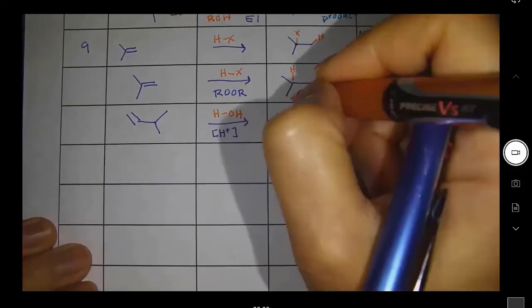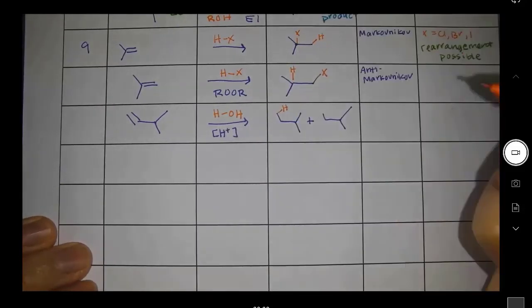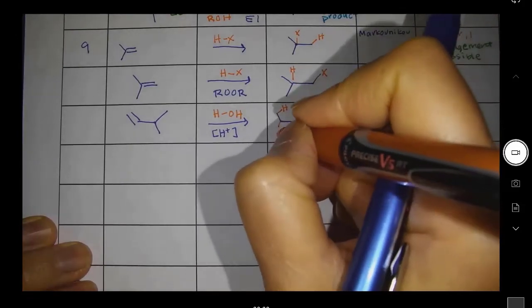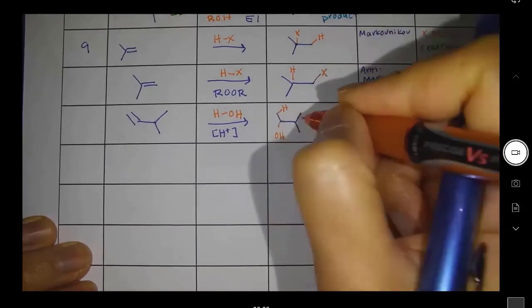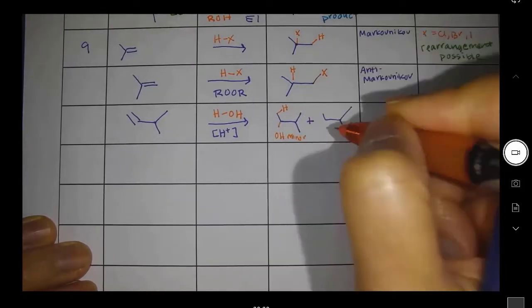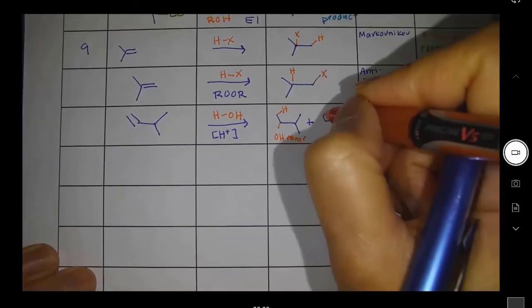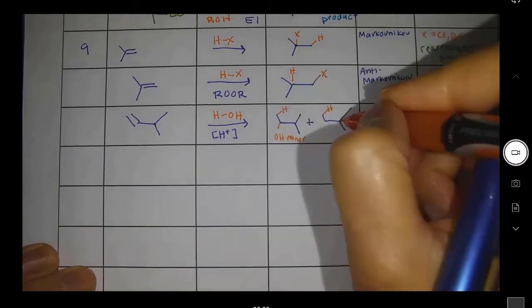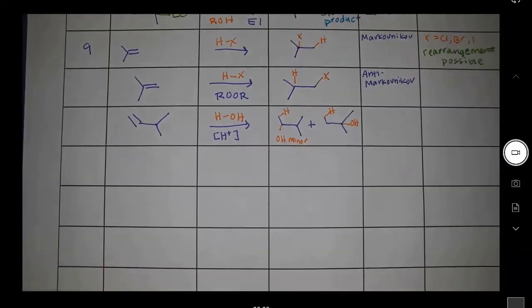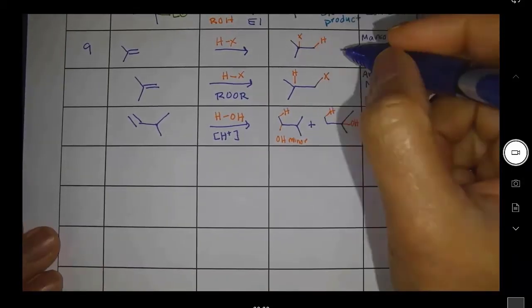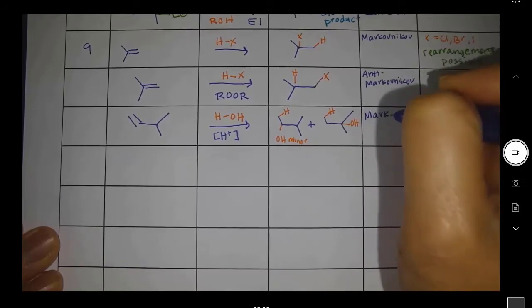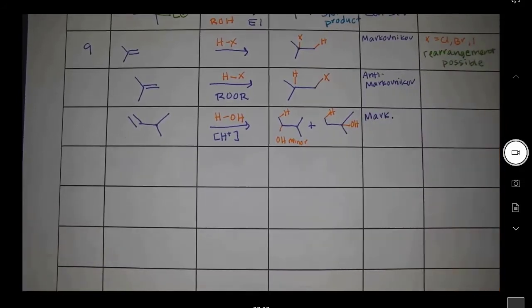In the first one, your hydrogen would go to the carbon with more hydrogens. The OH goes to the one with more substituents coming off of it. This will be the minor. The major one would occur from a hydrogen adding where it was going to add anyway, and then the rearrangement. So you could have this product for the one with the HX as well, or similar. So this is Markovnikov, and a rearrangement is possible.